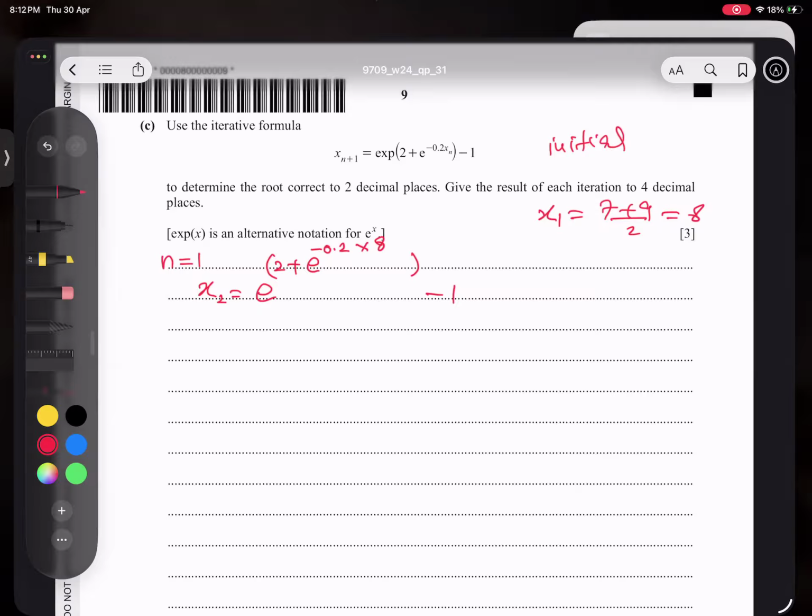So my first answer turns out to be what, students? x2 becomes 8.0421. He said 4 dp.